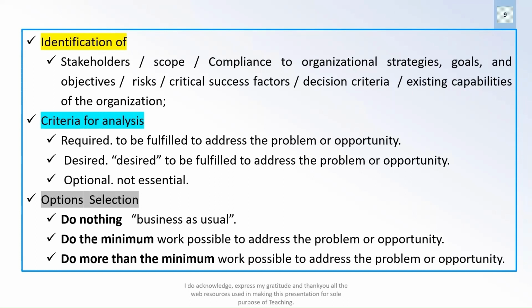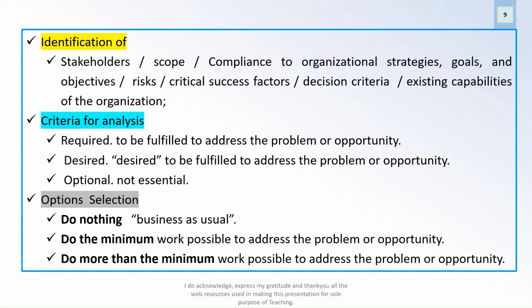Third is optional. You want to do it, you can do it. If you don't want to do it right now, still it's okay. And what could be their options? These are the criteria for analysis: something is required, something is desired, and the third is the optional criteria.